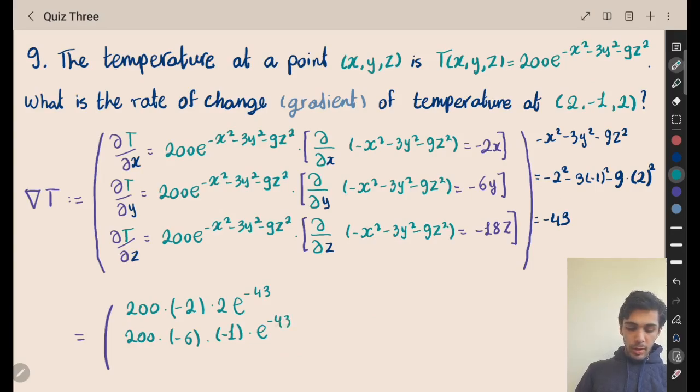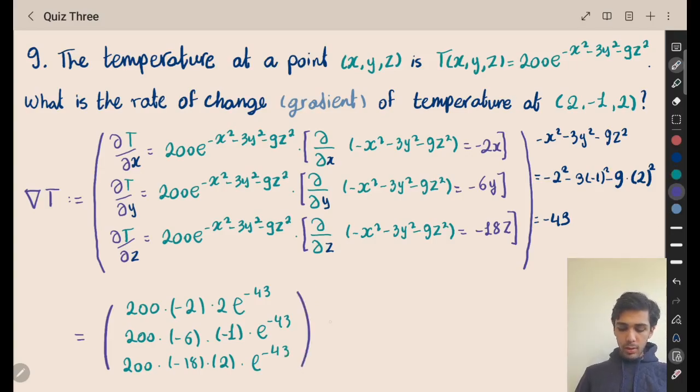For z, we'll have 200 times negative 18 times the value for z, which is 2. And then it's e to the minus 43. Computing these three values, we will get minus 800 e to the minus 43.